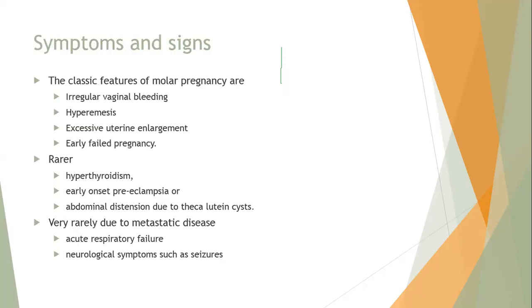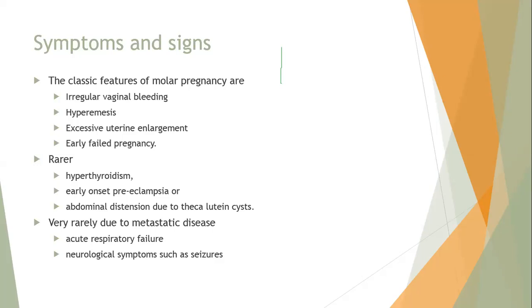Next we have symptoms and signs of molar pregnancy. The classical features, the very important part is hyperemesis, because this comes a lot when it comes as a case. You will find she has exaggerated pregnancy symptoms, most commonly hyperemesis.